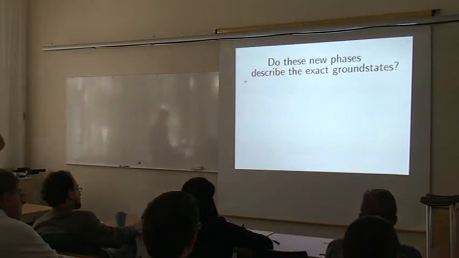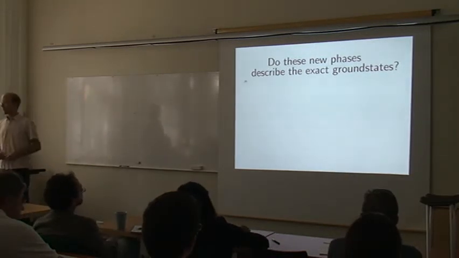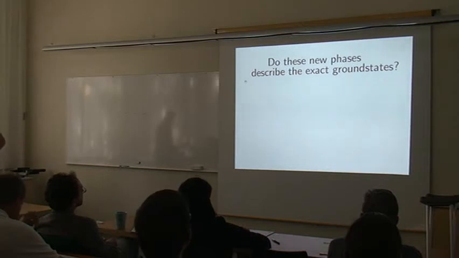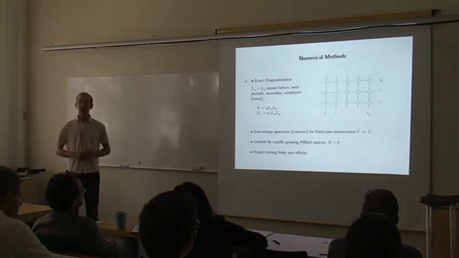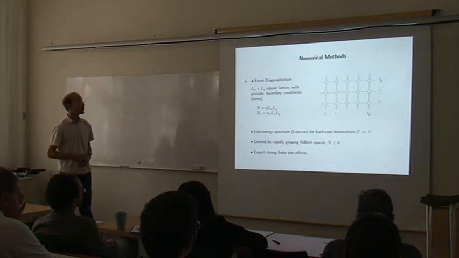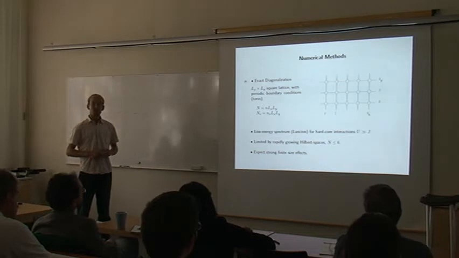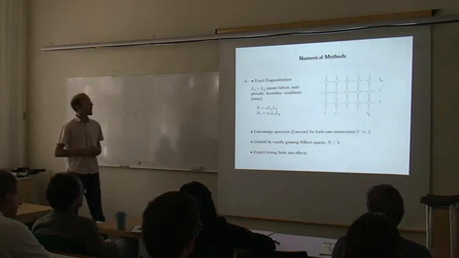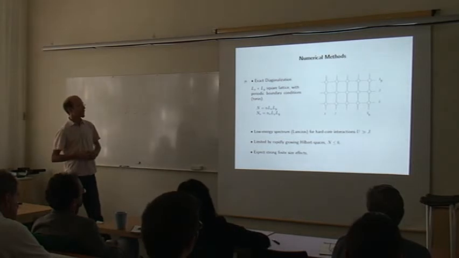Okay. Now, do these new phases describe the actual ground states of the system? We'll check that numerically using exact diagonalization. We've just used the square lattice with periodic boundary conditions, so on a torus, and we use Lanczos methods in the standard way to get the low-lying spectrum.